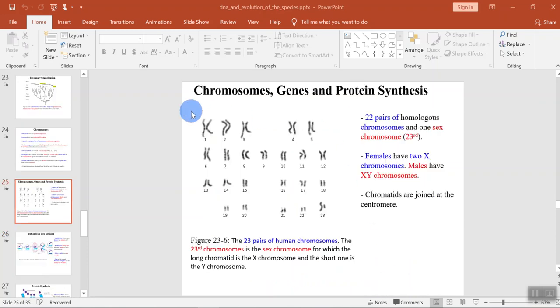There are 23 pairs of chromosomes. 22 pairs are called homologous chromosomes, and the 23rd is a sex chromosome. We said that females have 2 X's, 2 long ones, while males have an X and a Y. So this is a male.